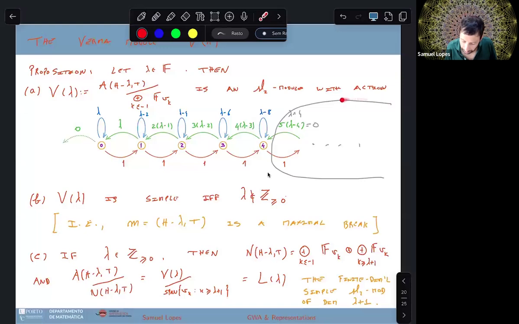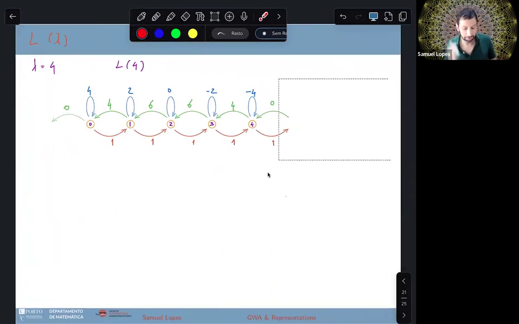So this will be a submodule, and now this will clearly be a maximal submodule because none of these other scalars are equal to 0. So when lambda is a non-negative integer, here's the example of L4. I have this submodule here, so in the quotient, if I also quotient out by this, I have this finite string, and this is the module we've seen before, and we called it L4.